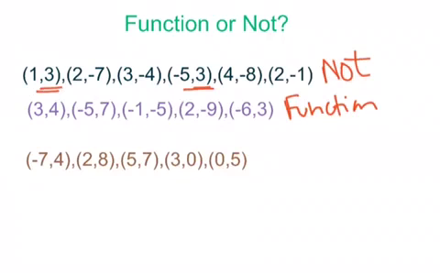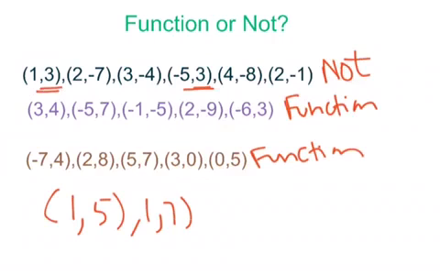Down here, this would also be a function because, again, I do not have any repeating y values. Now, I could have the same x value. I could have 1, 5, 1, 7, 1, 6. I can have as many of the same x values as I want, but I can only have one y value per x value.